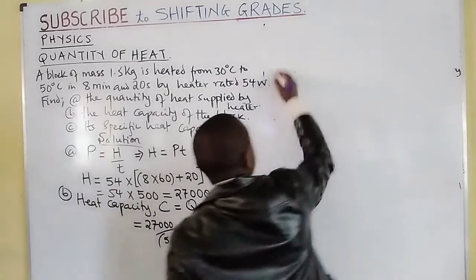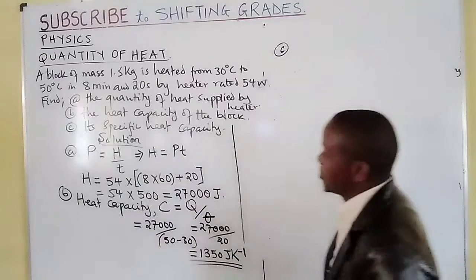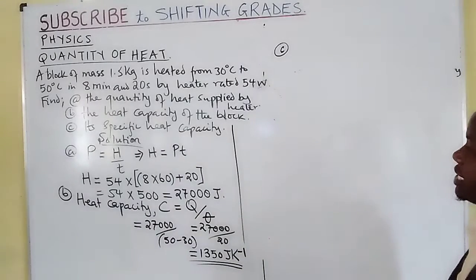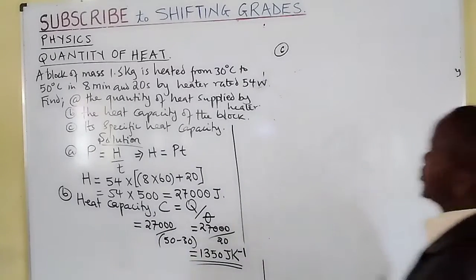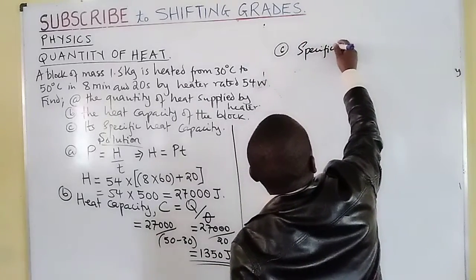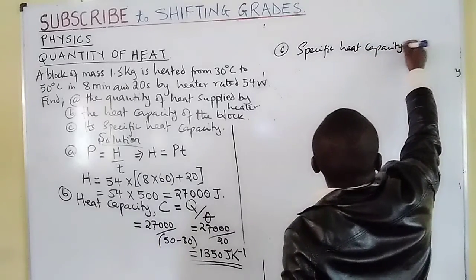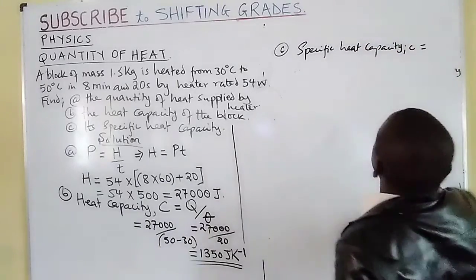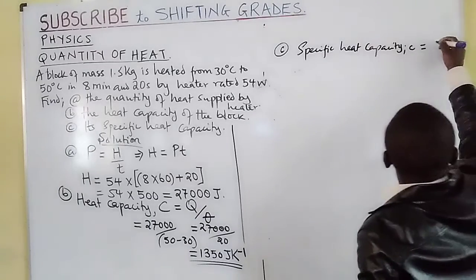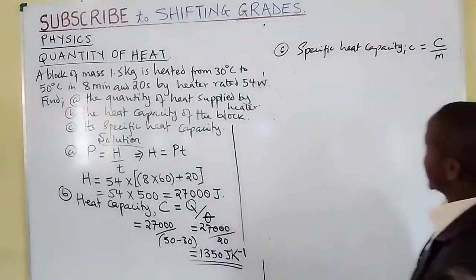And lastly, part C. We were asked to calculate its specific heat capacity, C. You see that specific heat capacity is heat capacity per unit mass.